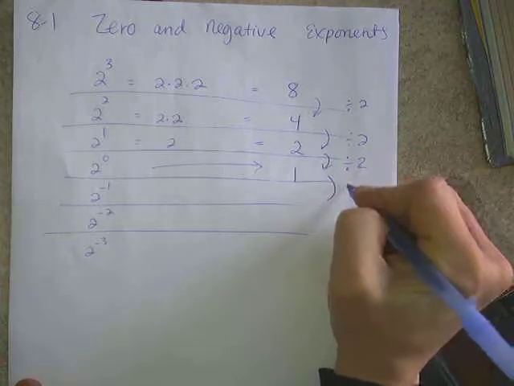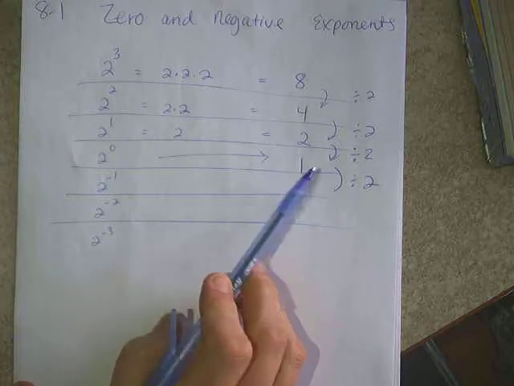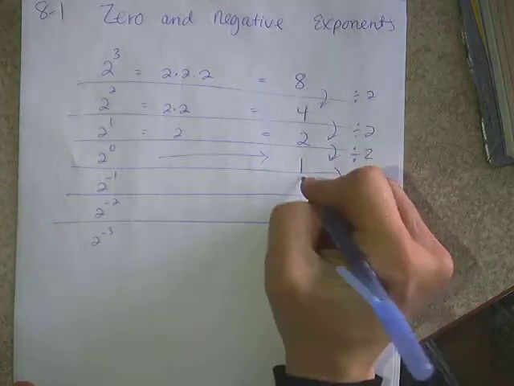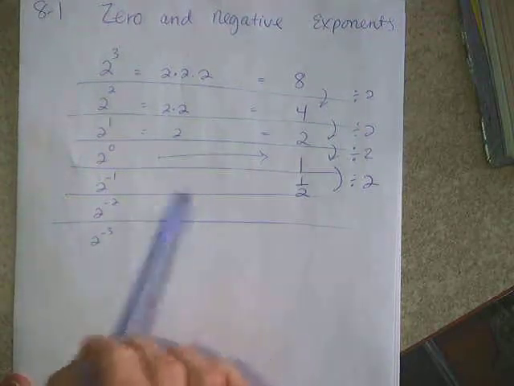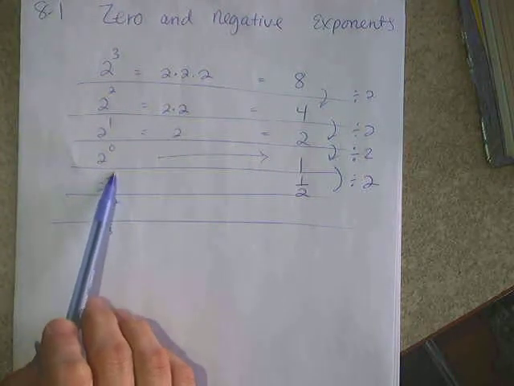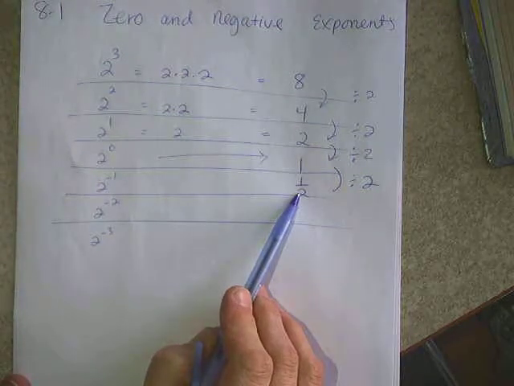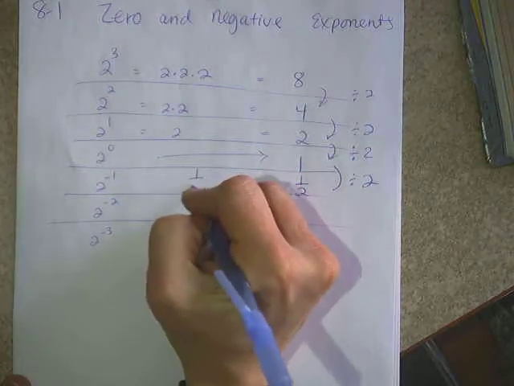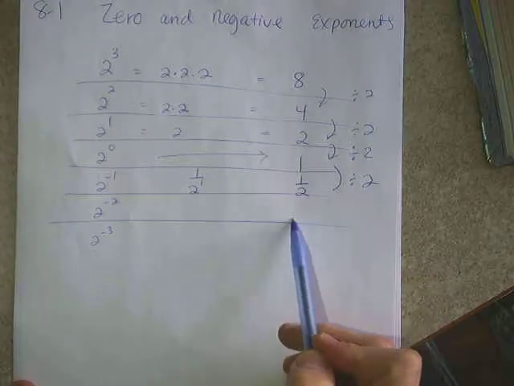Applying the pattern, if we divide by 2 again, then 1 divided by 2 is actually 1/2. So the step in between is to say, well, hey, all that happened here is that negative exponent became positive when I moved it to the bottom of a fraction.